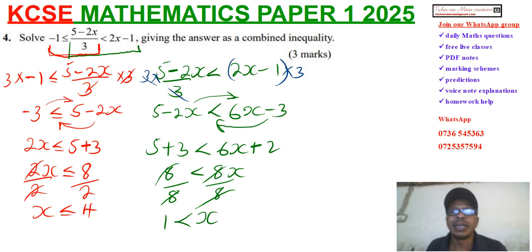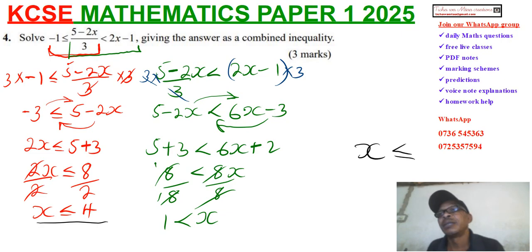Here you get 1 and here you get 1. With that, we have managed to express x. From this, we can see x is less than or equals to 4. So we say it is less than or equals to 4. So we have satisfied that.